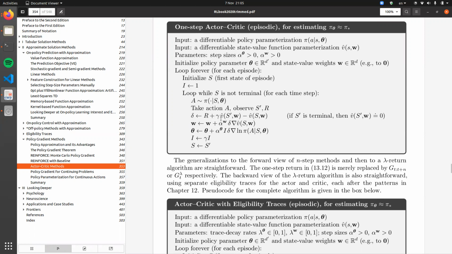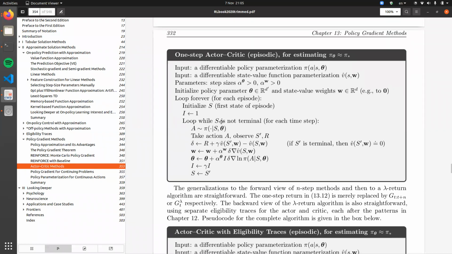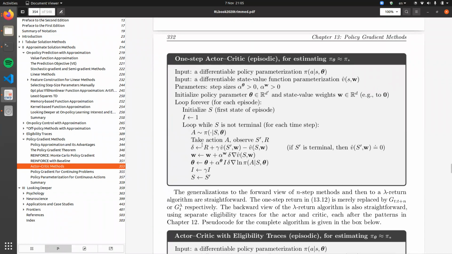Remember, before we used a complete return G to compute this value for delta. But what we do now is use this familiar bootstrapping approach.